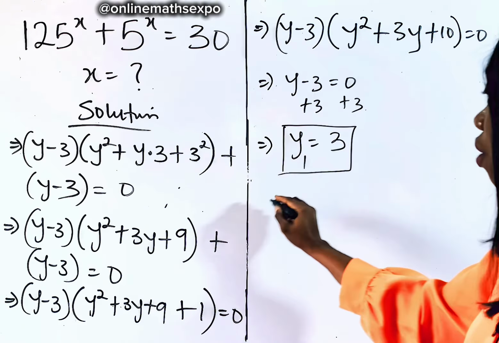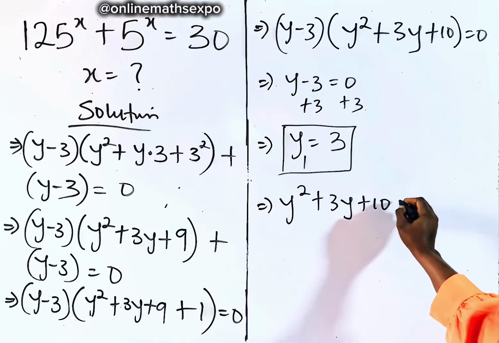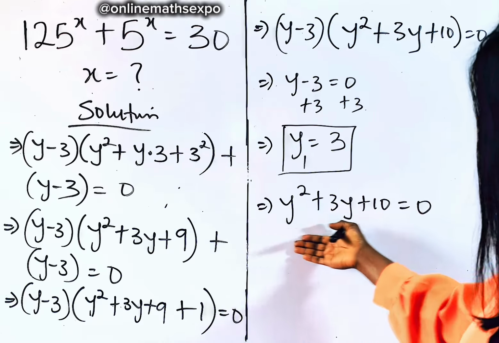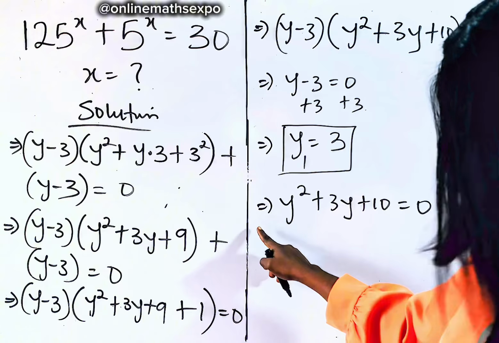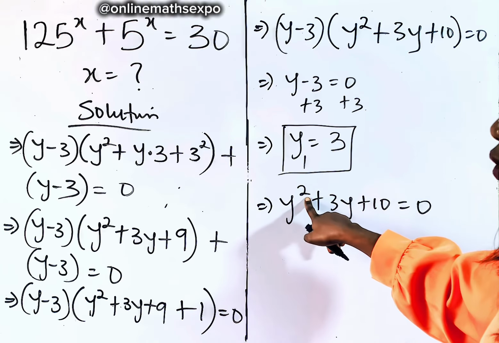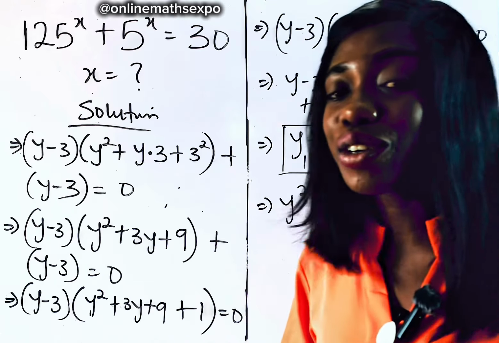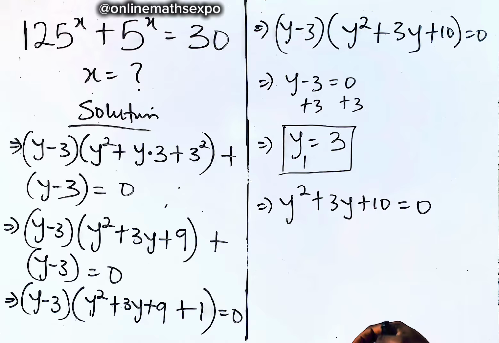Now let's bring this down. We have y squared plus 3y plus 10 is also equal to 0. Now, we are going to check the discriminant of this, the nature of the root of this equation. This is your quadratic. The highest power of y is 2. So to check the nature, to see if we're getting a real or complex solution, we use the discriminant rule.